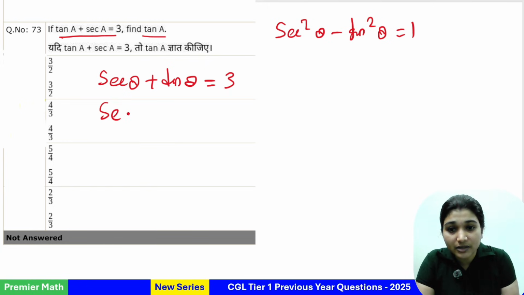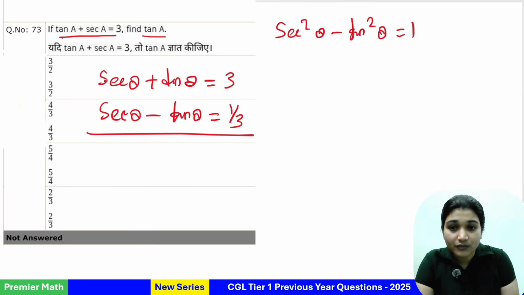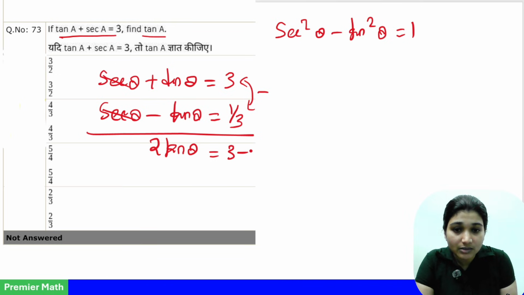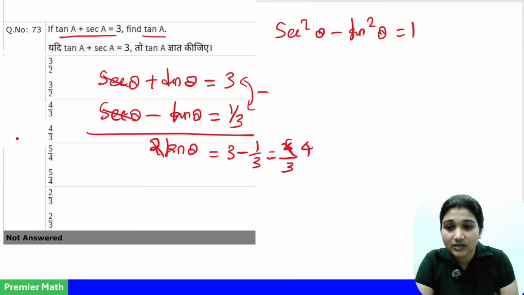Then A minus B, sec theta minus tan theta, should be 1 by 3. Now, if you subtract this, sec theta cancels, and this becomes 2 tan theta, which is equal to 3 minus 1 by 3, which is 8 by 3. Now 2 goes 4 times in 8. So 4 by 3 is your answer. Option 2 is your answer.